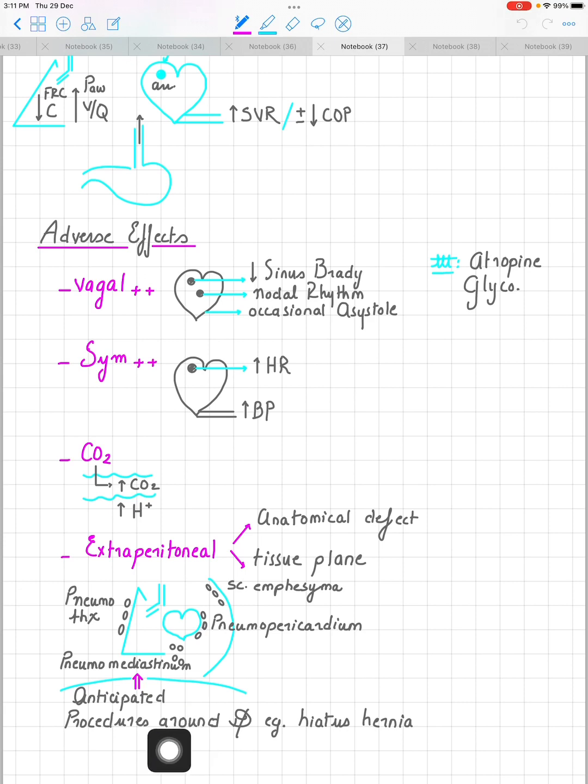Passage of carbon dioxide from the abdomen can be anticipated in laparoscopic procedures around the diaphragm, for example, hiatus hernia repair. It happens when a communication is made between the abdomen and the chest.